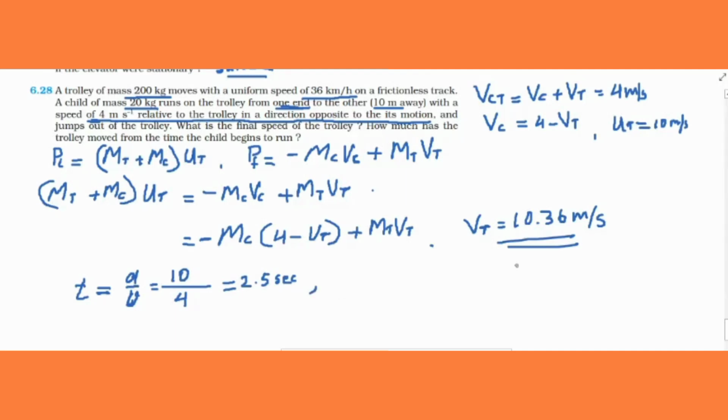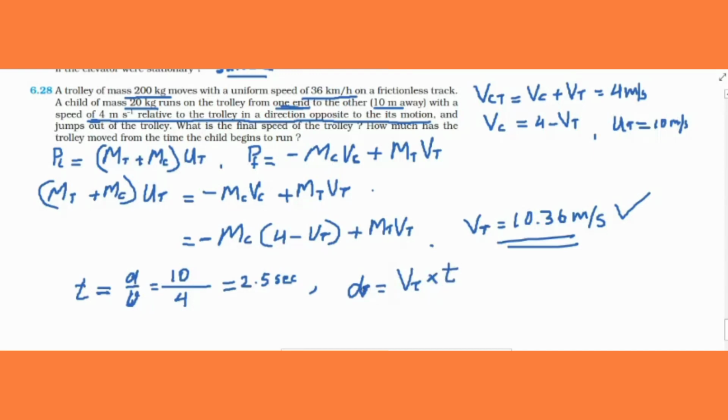Once the child starts motion, this is the velocity of the trolley. Therefore, distance traveled by the trolley, dt, is equal to vt into t.